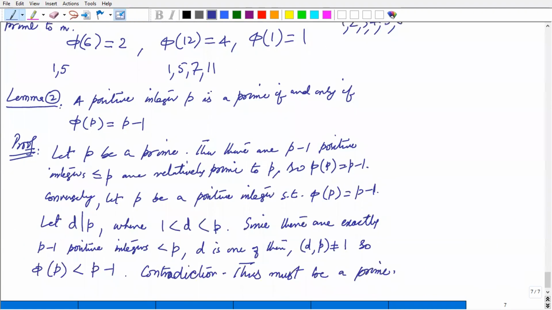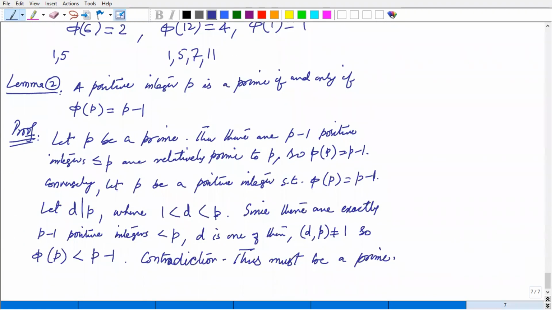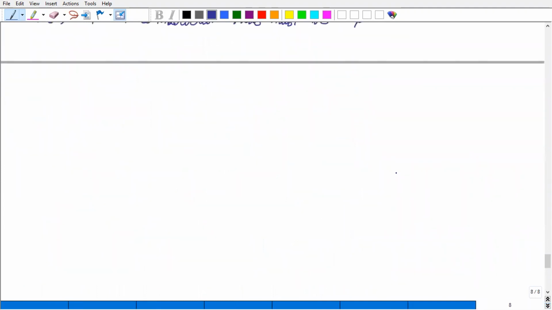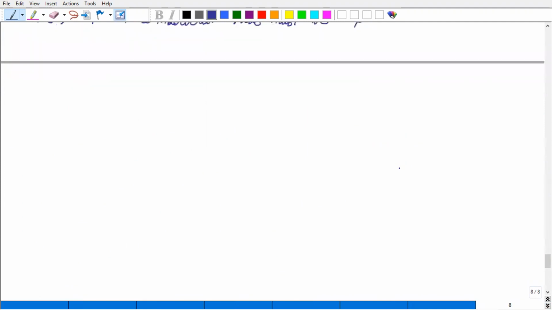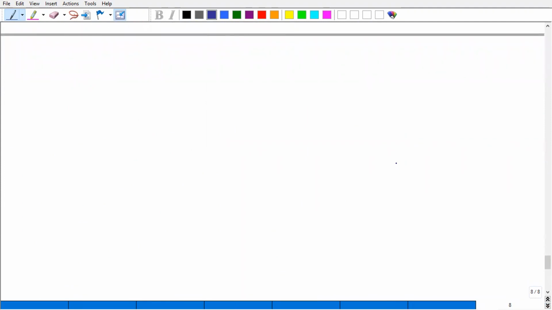Let me solve an example. So we have 245 to the power 1040, and this is divided by 18.